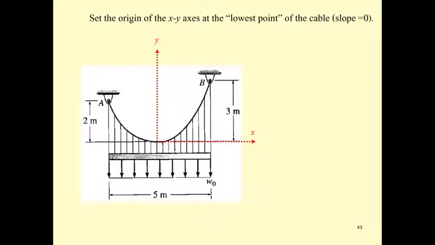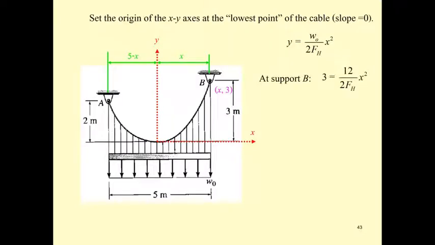Then start the same way: put the origin at the lowest point of the cable, with x here and y of x here, the same as before. From the cable equation you're going to use the coordinates at A and B to determine x. At B the coordinate is x and 3, where x is horizontal and y is vertical.